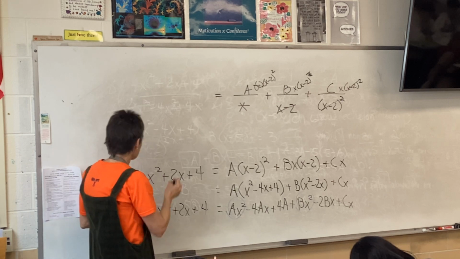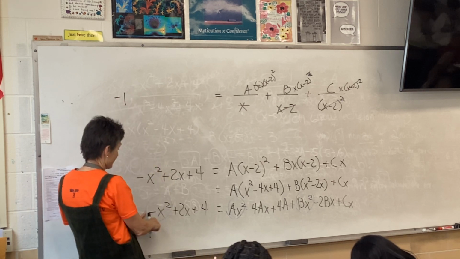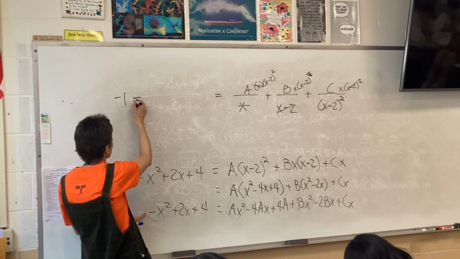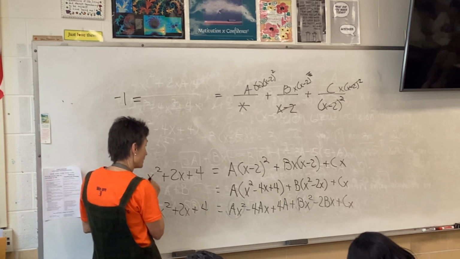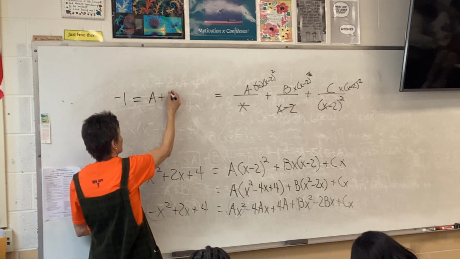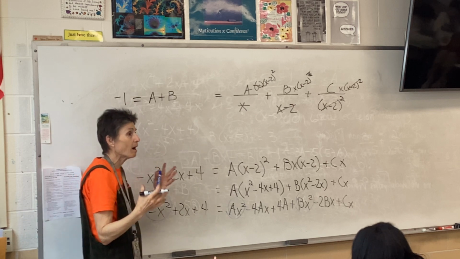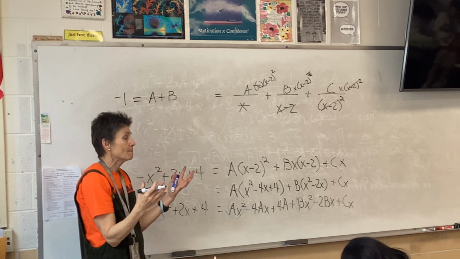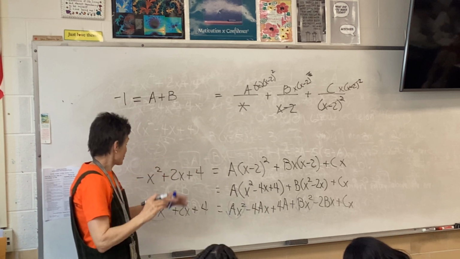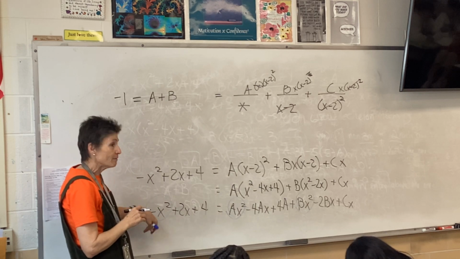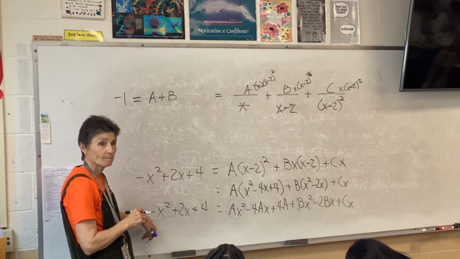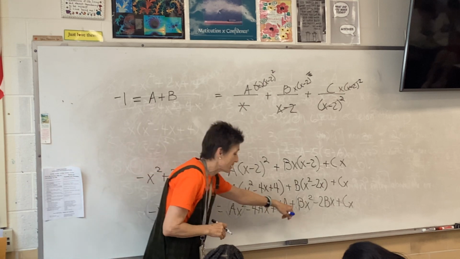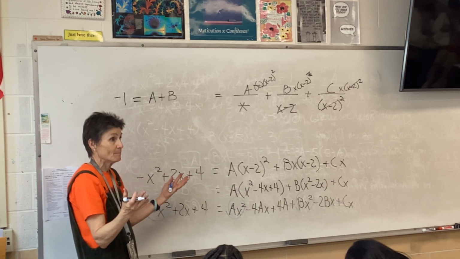So doesn't -1 have to equal a plus b? Now just think about that. It isn't complicated. It's logical. This is an equation. So then you have -1 x squareds over here, and you have a and b x squareds over here. They have to be the same.